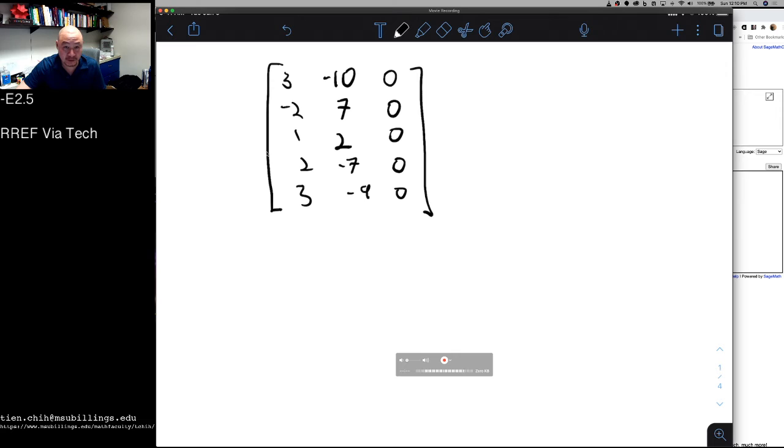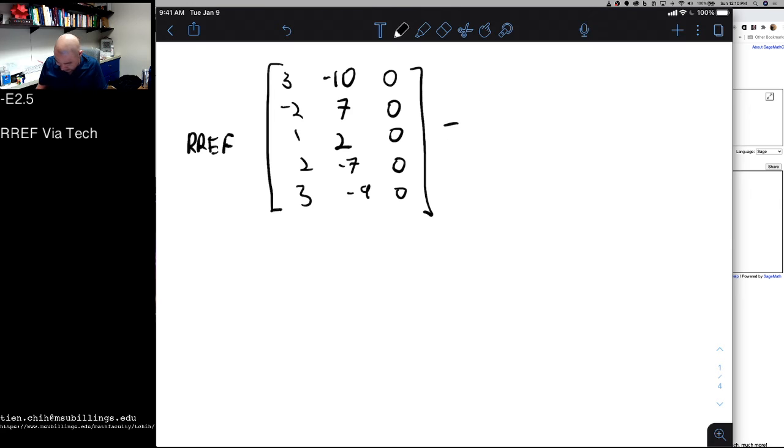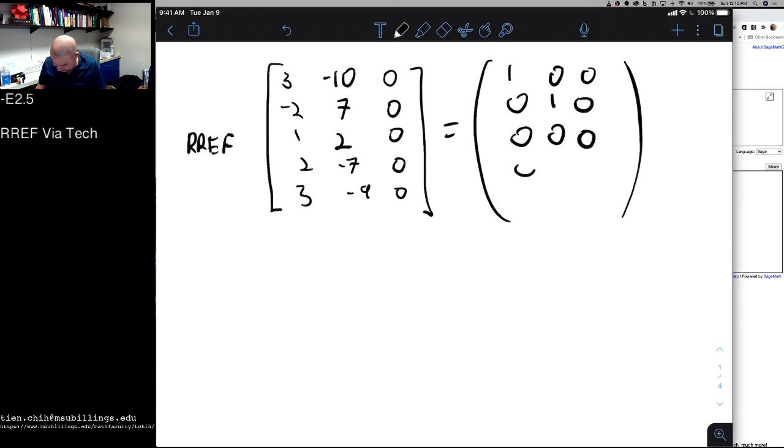So if I go back here and I ask, hey, what is RREF of that? Well, it's 1, 1, 0, 0, 0, 0, and then 3 rows of zeros afterwards. Alright. Hopefully that was instructive on how to use Sage to do this.